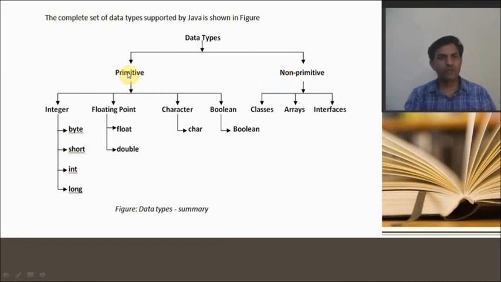Today we have discussed primitive types only. Integer we have subdivided into byte, short, int, long. After that, floating point data type, that is divided into float and double. In character we have char data type. In Boolean we are using either true or false, that is Boolean data type.